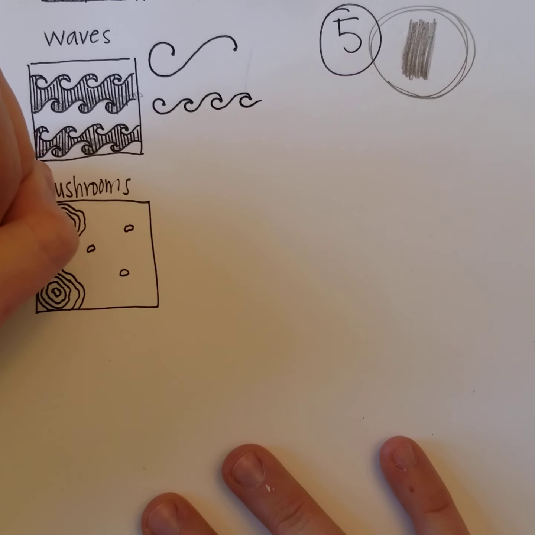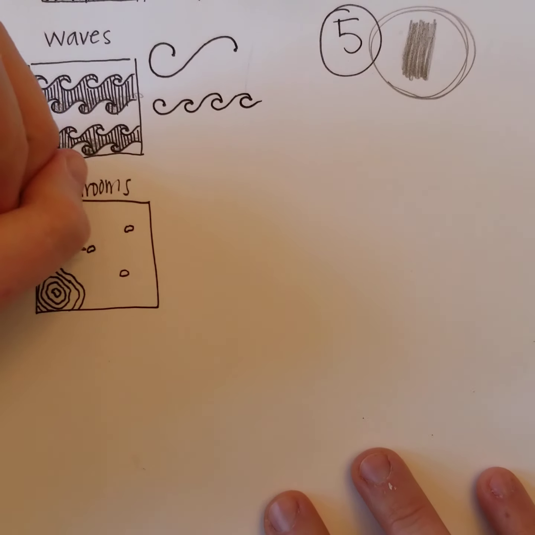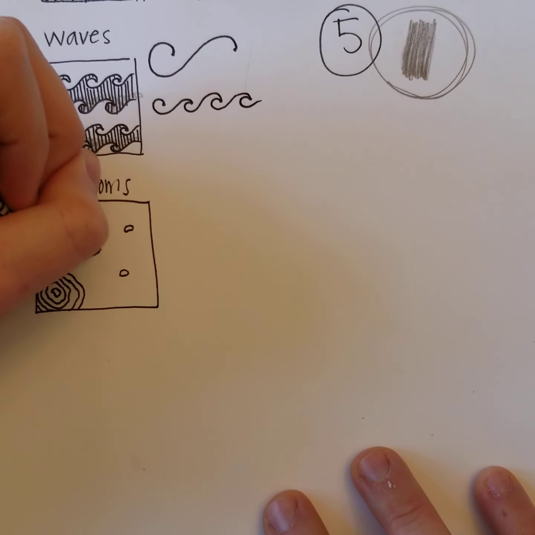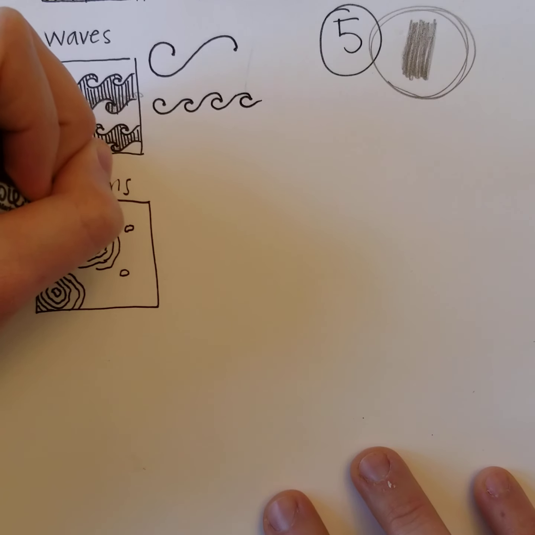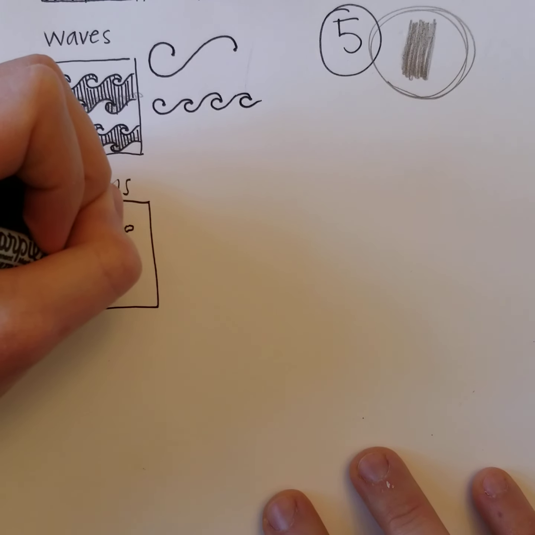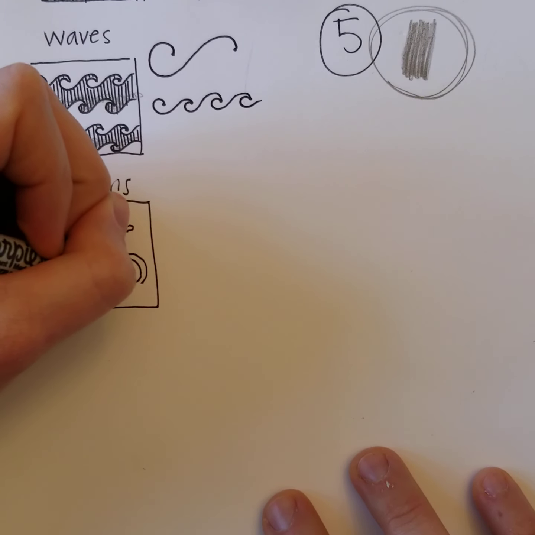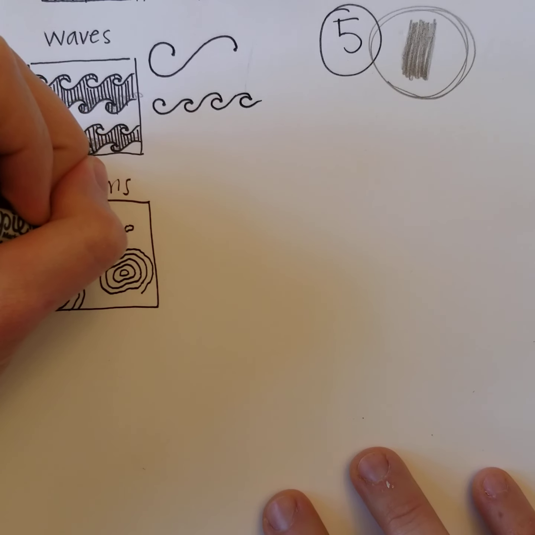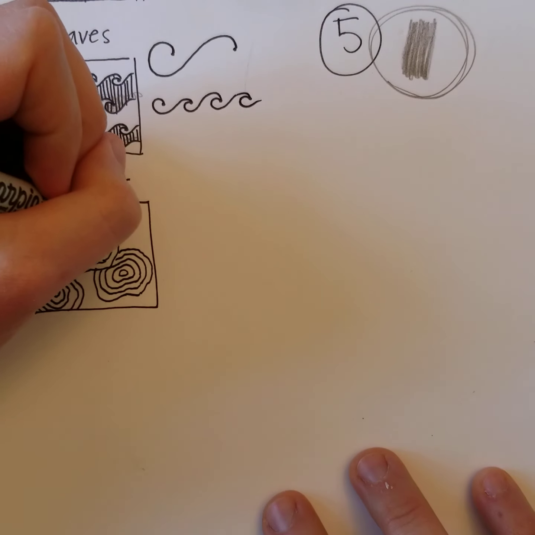And remember, we have this square just to confine our space so that we know where we're working. But when you get to working in your tile, what's nice about it is you can dictate the shape that you want. And you can add as many concentric circles as you want.